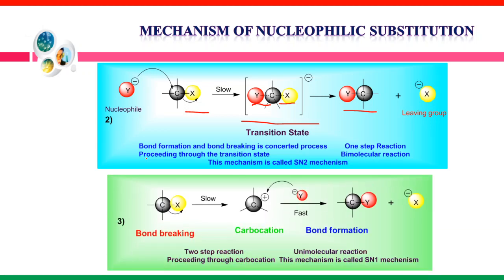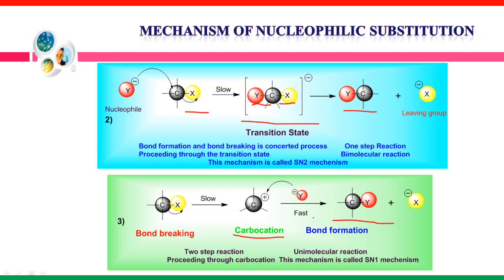Then consider the third possible mechanism. In the first step, which is a slow, rate determining step, bond breaking between carbon and leaving group occurs to give a positively charged intermediate, known as a carbocation. In the second step, the nucleophilic attack occurs on the carbocation, that is a bond formation between nucleophile and carbon atom, to give the substitution product.